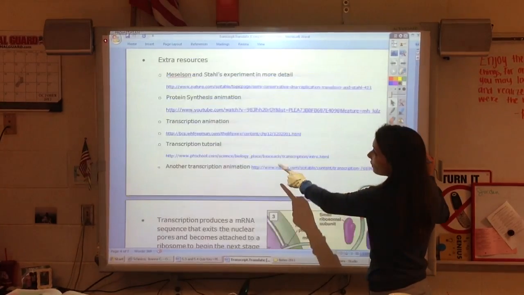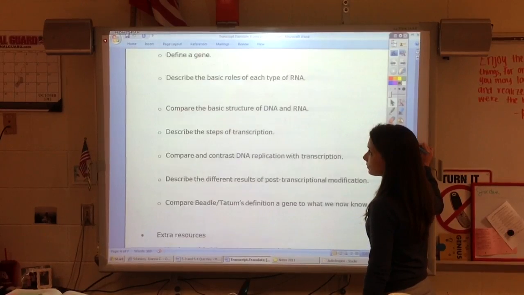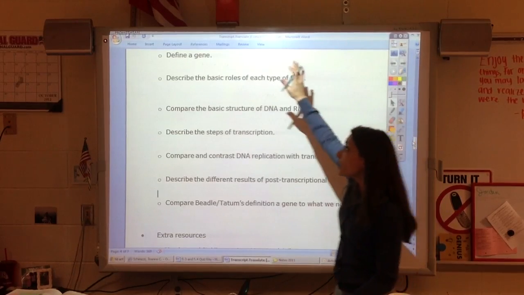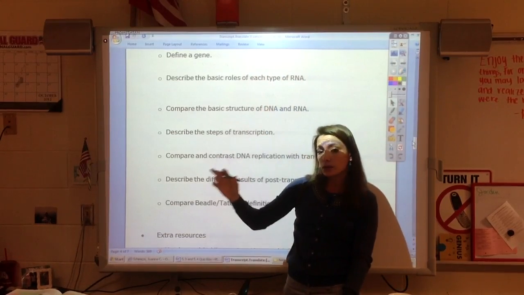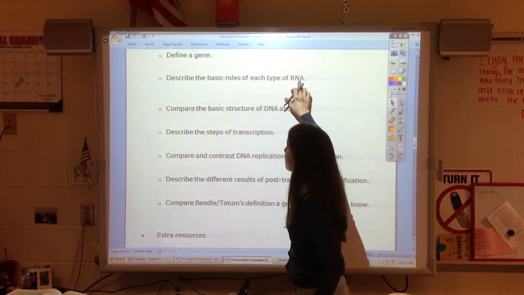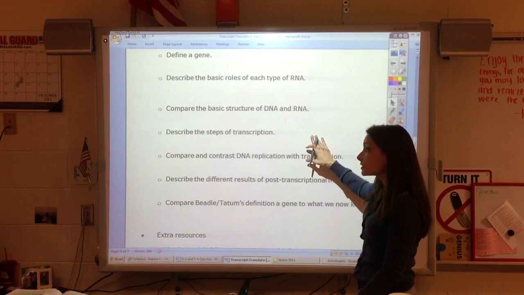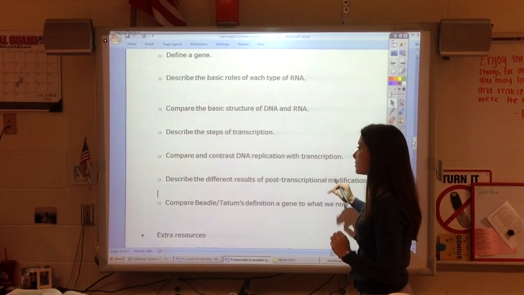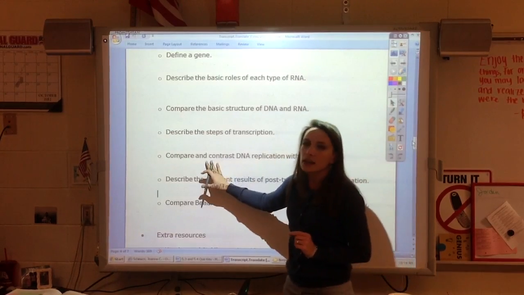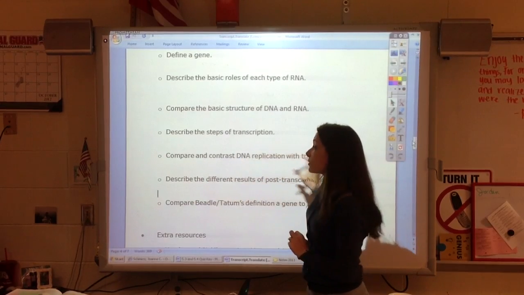There are lots of different animations and tutorials that you can practice with. And so you want to know what a gene is, a sequence of DNA that codes for a protein. You want to know the types of RNA, the structures of DNA and RNA, the steps of transcription, those three main steps. You do want to take a second and compare and contrast DNA replication with transcription.